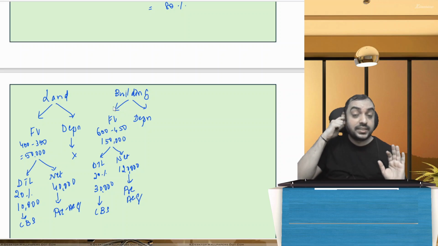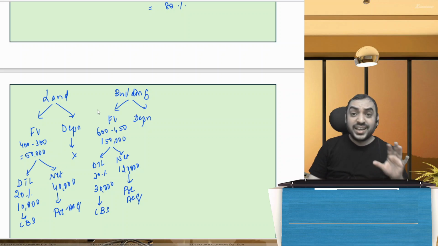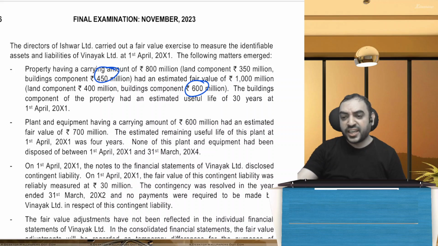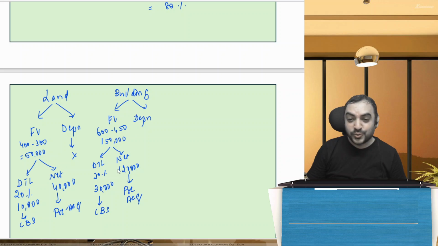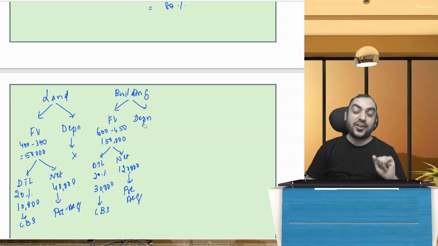And whenever there is a revaluation profit or loss, there will be depreciation. Please keep in mind, depreciation is on the amount of revaluation, and it is to be spread across the useful life. Useful life is 30 years and 3 years completed. I told you, 3 years completed. So again, we have to calculate the depreciation impact, and then the deferred tax liability impact should also be considered correspondingly, right?